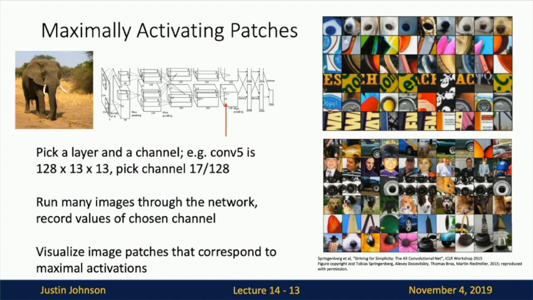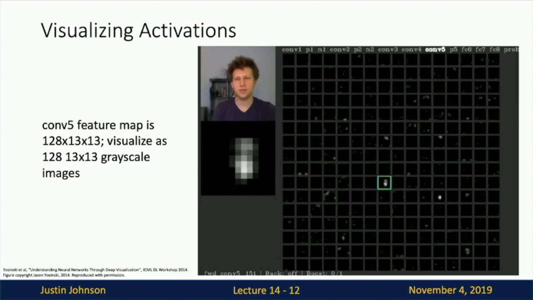So fitting along with this idea, another thing we can do is not just look at random images and random filters, but try to find the maximally activating patch that maximally activates different filters inside the neural network. In this previous slide, we had this intuition that this one filter inside this one layer of the network might be responding to faces.